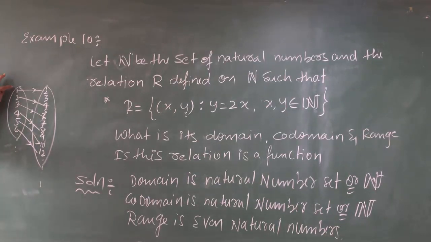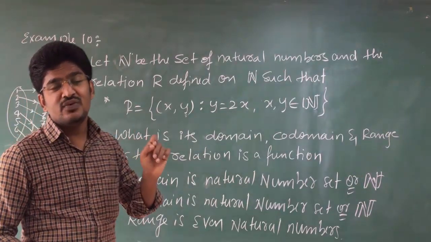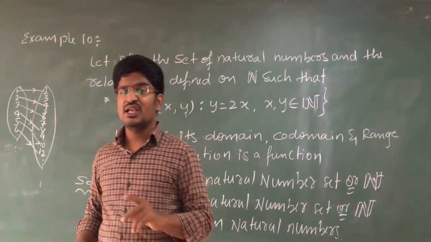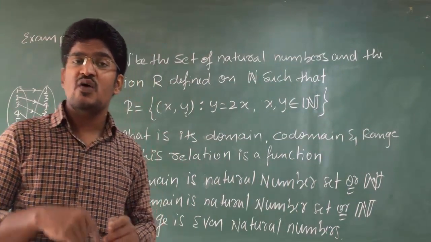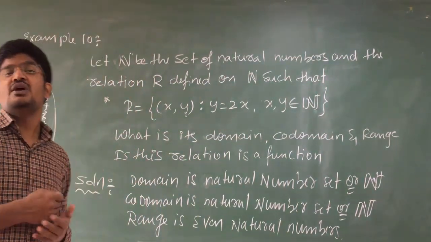Okay, whenever you see these examples, if I go on continuing like this, 1 has 2 as the image, 2 has 4 as the image, 3 has 6 as the image, 4 has 8 as the image, 5 has 10 as the image, 6 has 12 as the image, 7 will have 14, 8 will have 16, 9 will have 18, 10 will have 20 as their images.